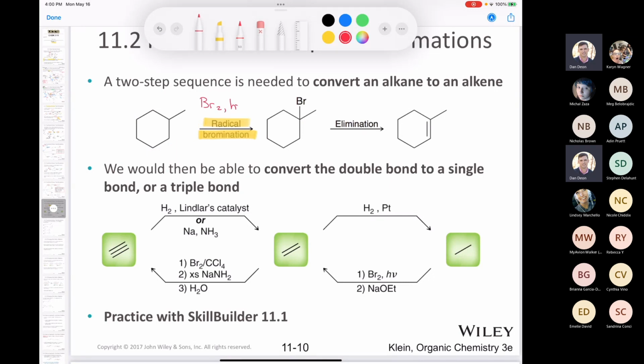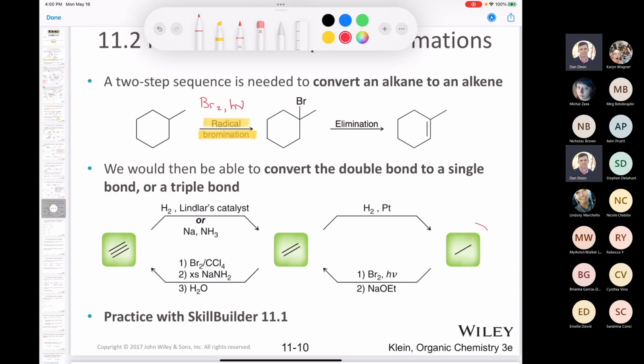So bromine and light. The only possibility is that radical mechanism where you have the initiation to make the bromine radical, a halogen abstraction followed by a hydrogen abstraction, followed by a termination to give you the tertiary alkyl bromide in this case.